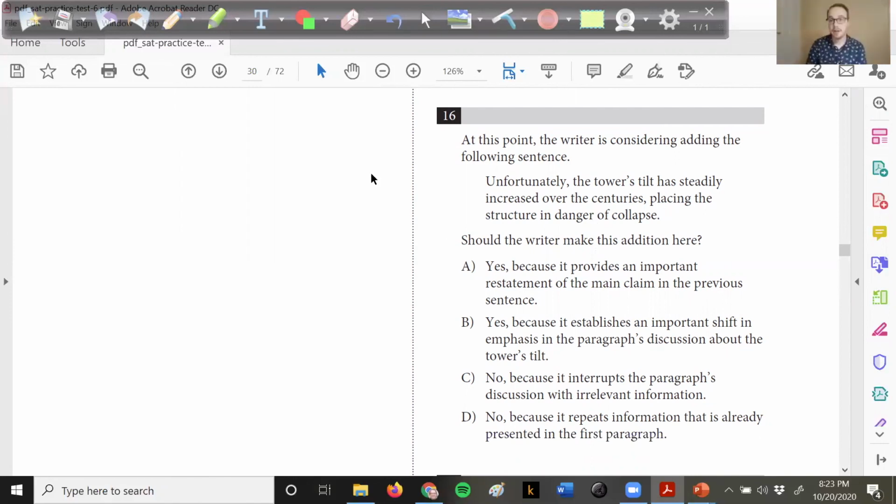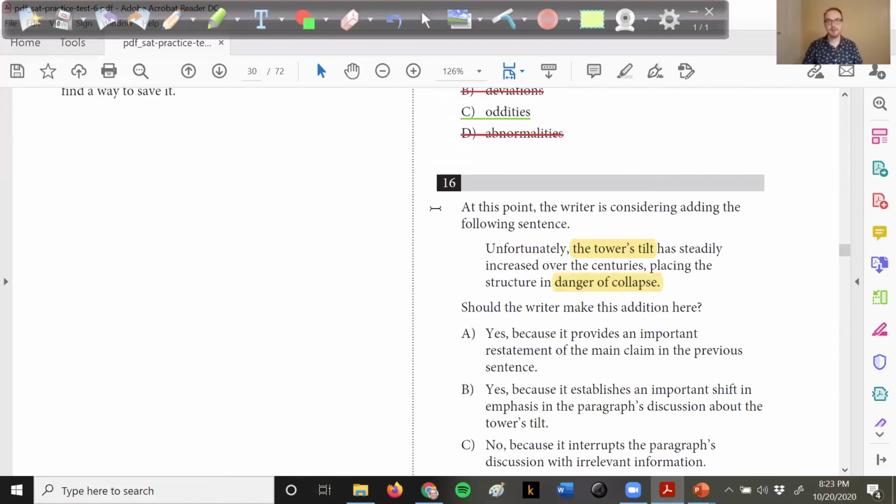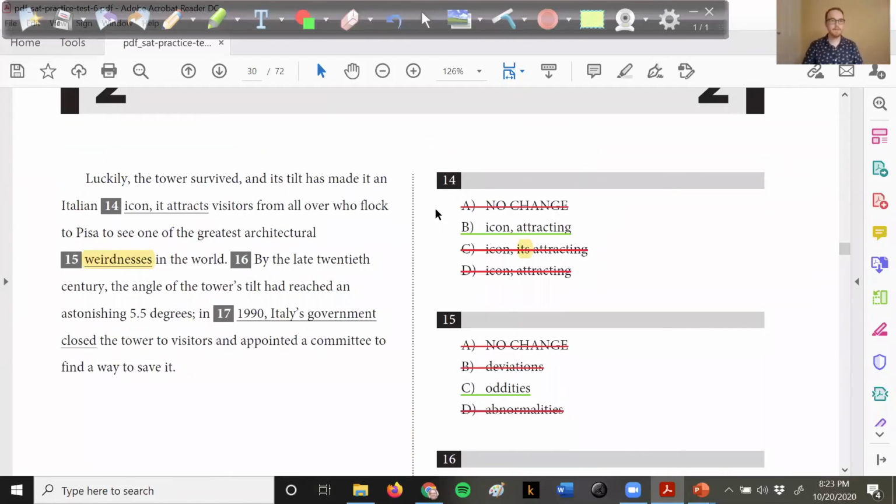Now, in good writing, every sentence should have hooks in the sentence before it and in the sentence after it. You need to see if this sentence right here, talking about the tower's tilt of collapse, links the sentences before and after in a good way.